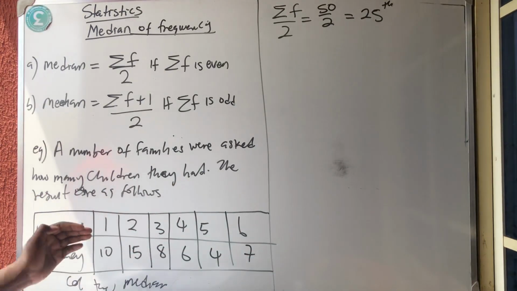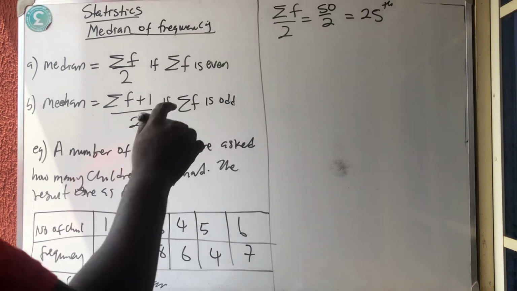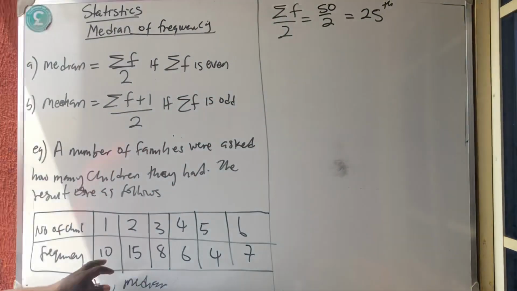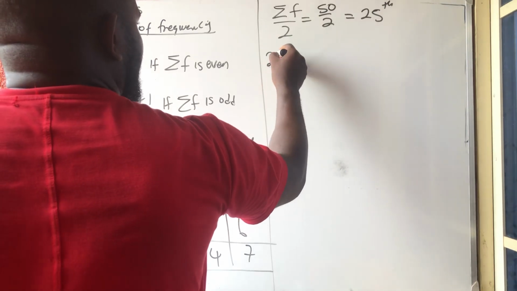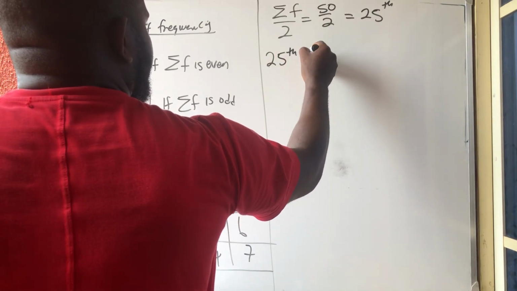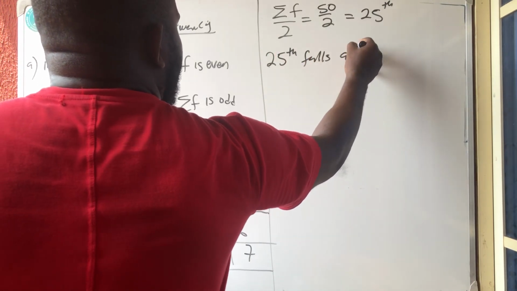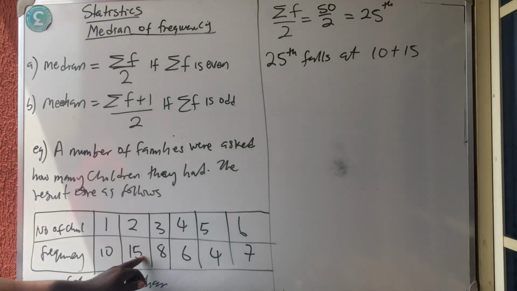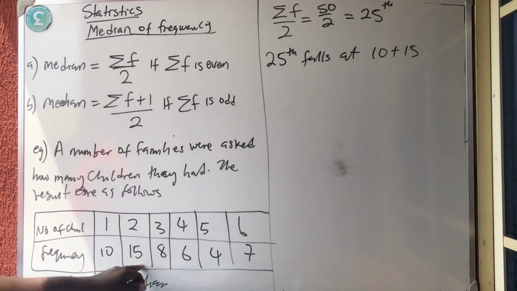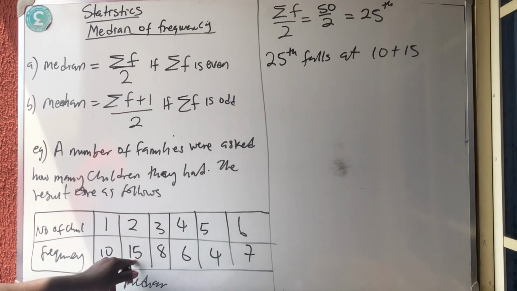Then you start adding your frequency to know where the 25th will fall. 10 plus 15 gives me 25, so it falls at the 15 here.